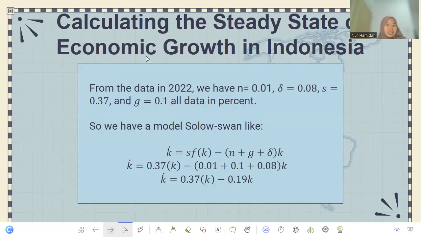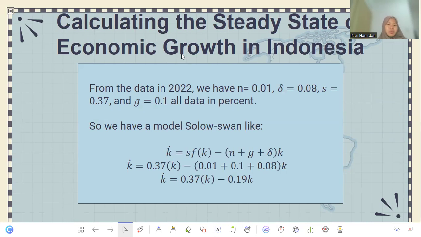So from calculating the steady state of economic growth in Indonesia, from the data in 2022, we have N as population is 0.01, delta is 0.08, S as saving is 0.37, and G as technological progress or total factor production is 0.1, all data in percent.